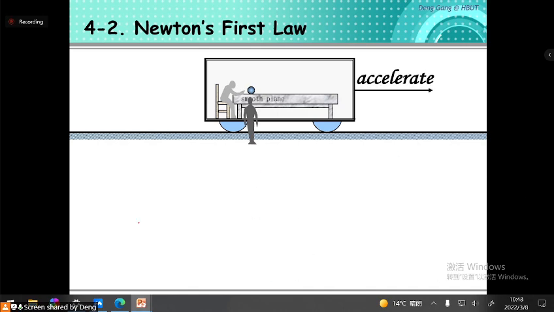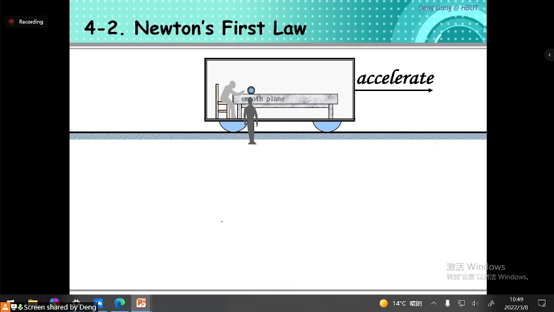this train accelerates. So when this train accelerates, you can see here this ball moves toward this guy. But when we consider this ball relative to this guy, it does not move, right?